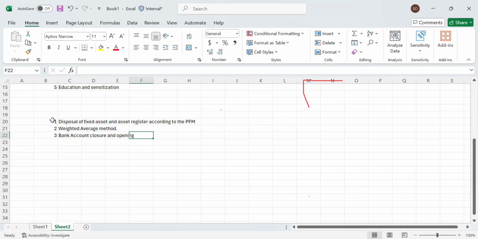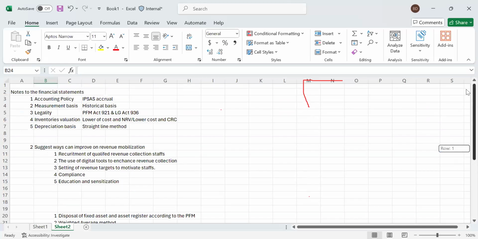So that whole passage I was reading is bank account closure and opening. That's all. I hope we all understand. We all get this. Yes. Great. Next question, which is our last question for tonight.